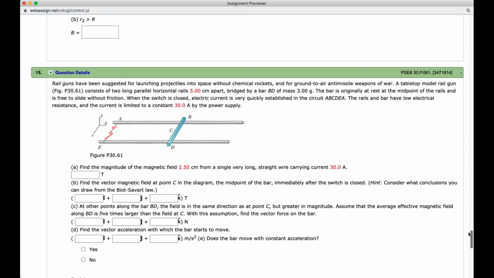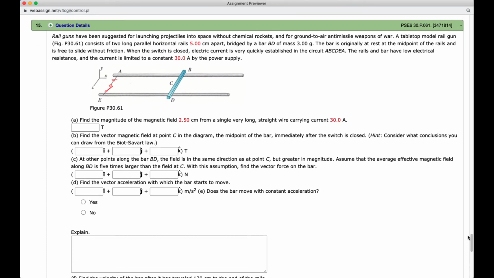Another difficult one. So I should say something about number 15. It's not difficult, but it's tricky, for part B. In part A, you have to assume that one of the wires is infinite. But in part B, since the rod starts at the left end, the end of the wire, you've got to think of it as the rails being semi-infinitely long.